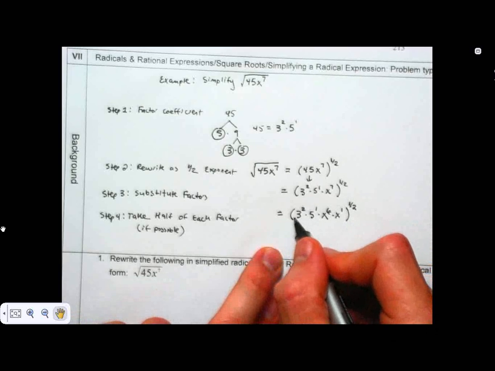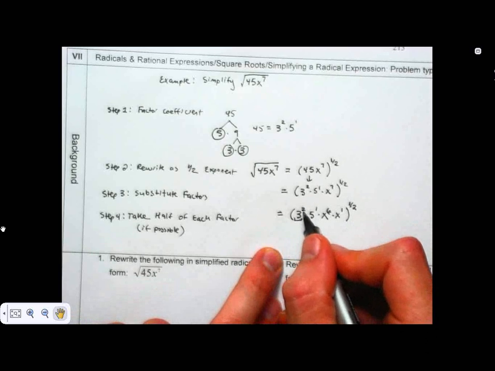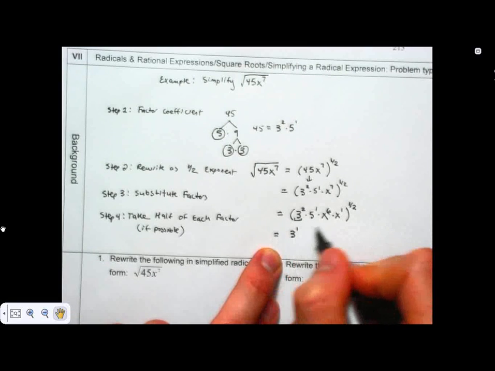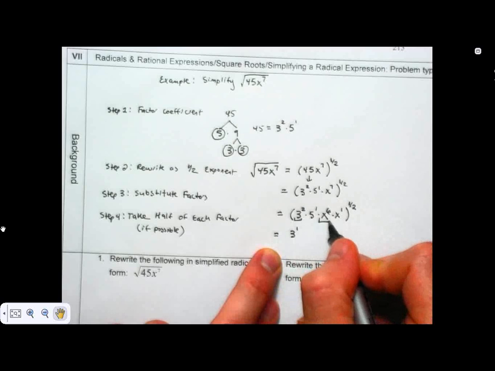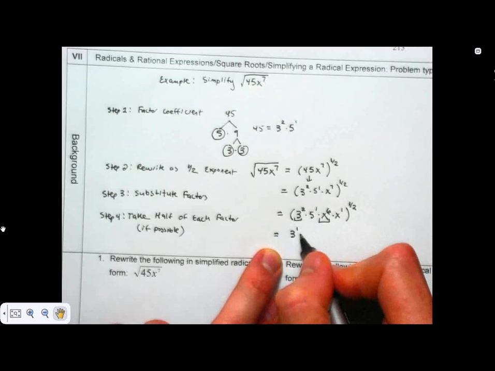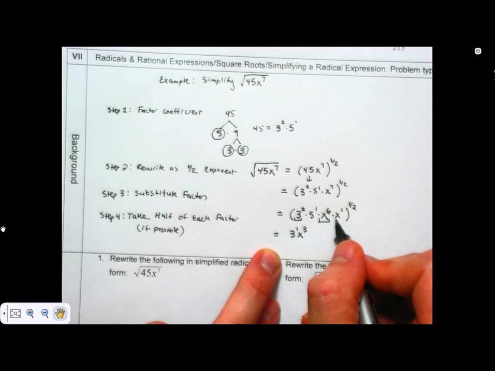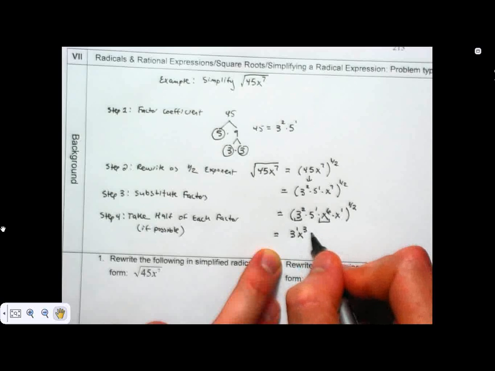Okay, so again, if I take half of the factors of 3 that I have, that's 1 factor of 3. If I take half of the 6 factors of x that I have, that's 3 factors of x. And then I can't really do half the factors of 5 without getting a fraction of a number. And same thing, I can't take half of the factors of x without getting a fraction of a number.